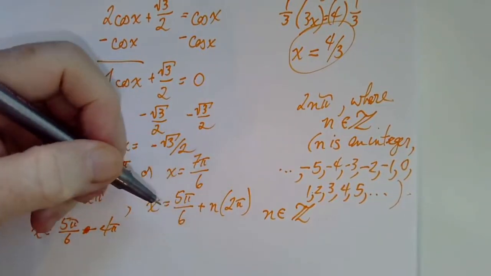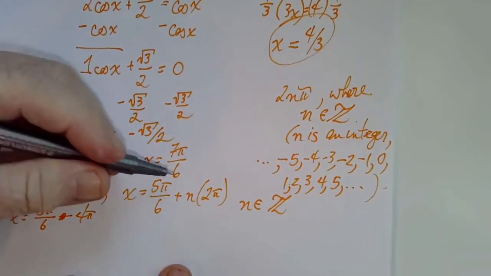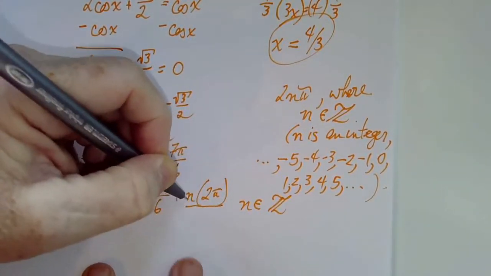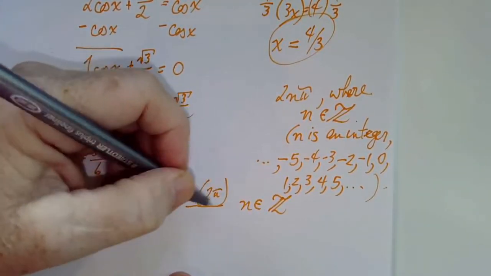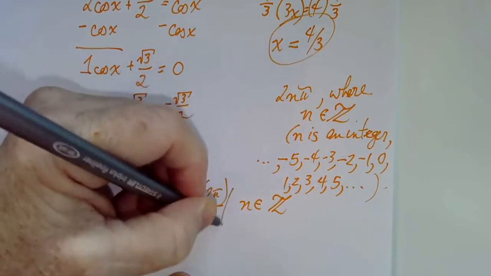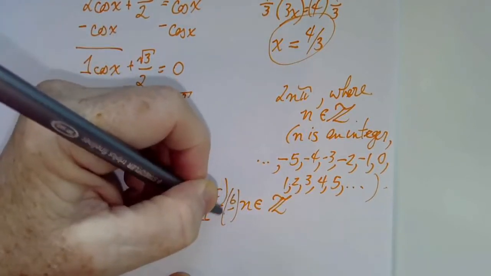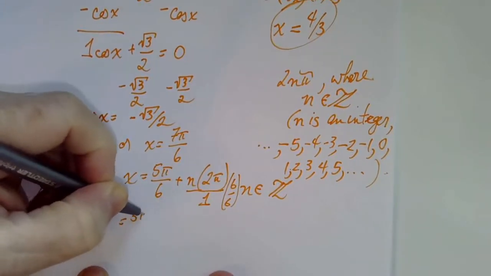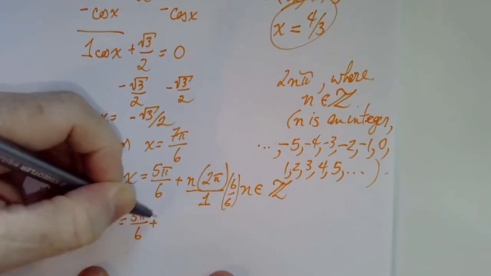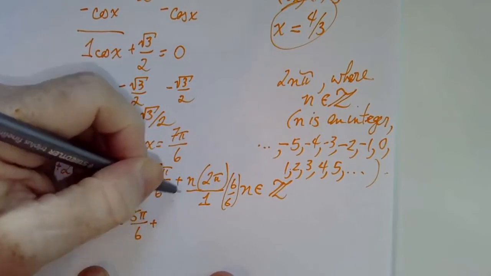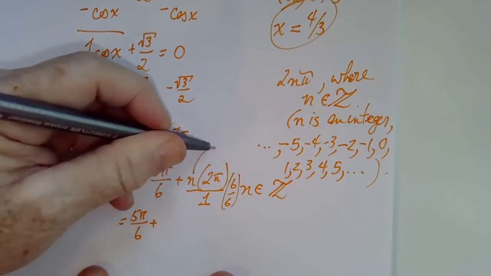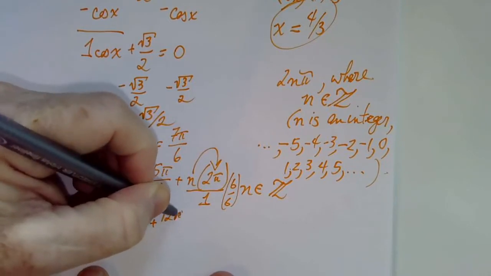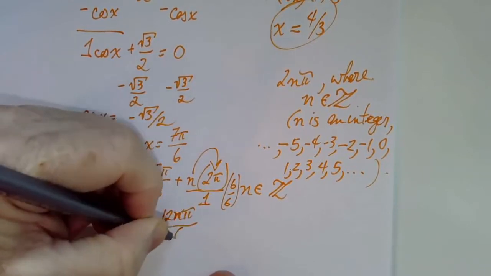Okay, so I want to write this as one fraction. I really don't want to have two parts. So let's see, I can write this as n times 2 pi over 1. So that means I need to multiply by 6 over 6. And I get 5 pi over 6 plus, and now I'm going to put the n in here, 12 n pi over 6.